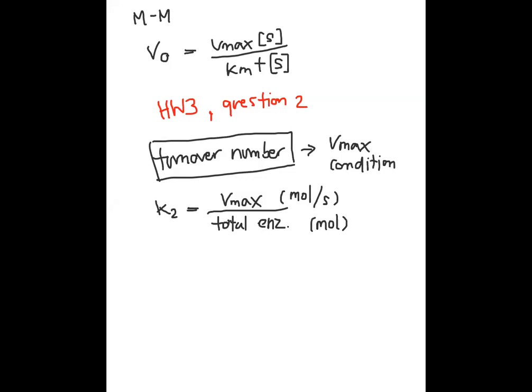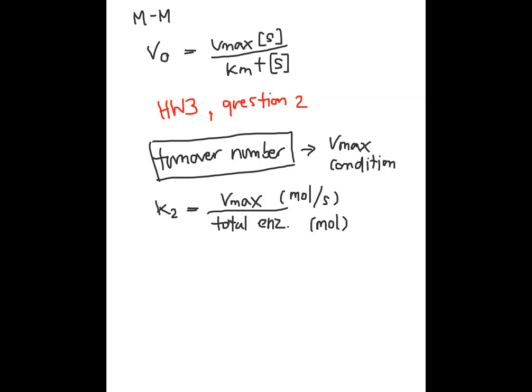So typically in most situations, you might have only a very small amount of enzyme, but the substrate is quite large. And in order to produce the product at the rate of Vmax, your enzyme needs to work multiple times. So that is what the turnover number tells you here.